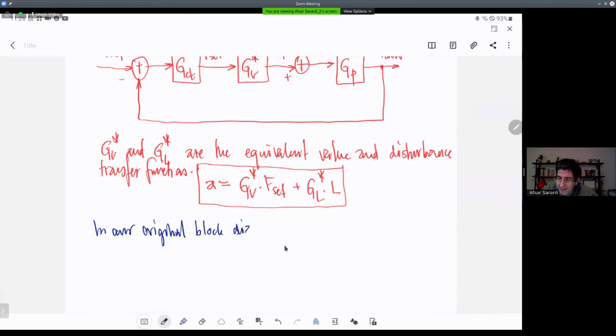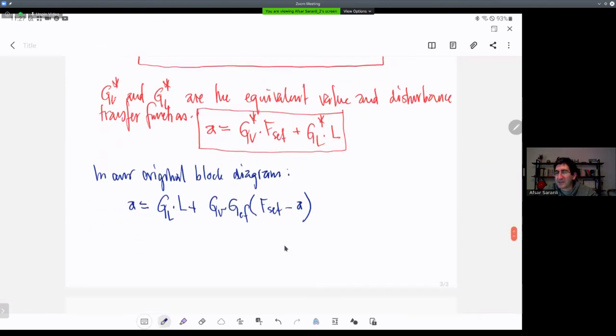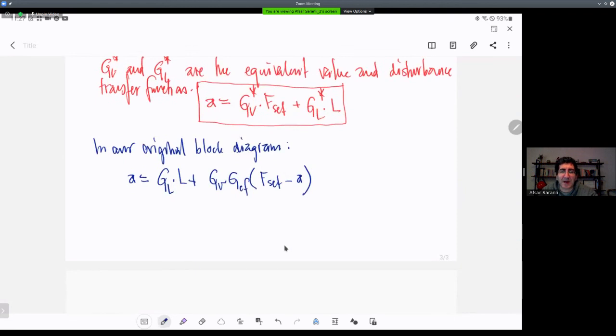We have A being equal to GL times L plus GV times GCF times (F set minus A). So you still have the A variable being subtracted from the set point. This is the classical way to eliminate a loop: you define a variable inside the loop, write that variable in terms of all the other variables, and then extract that variable from this nested equation.